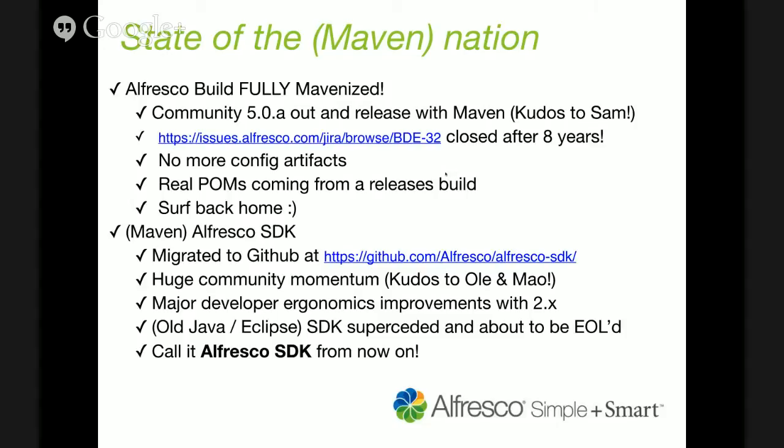Whatever other build system you're using, whether that's Ivy, Gradle, or any sort of Maven repository compatible layouts, you are ensured that what you are depending on are the real artifacts that go through the Alfresco build and release process. I think that's a major improvement, and you might not be able to see that issue BD32, but it's finally being closed, and it talks about consider building with Maven. So after 8 years, kudos to Samuel.